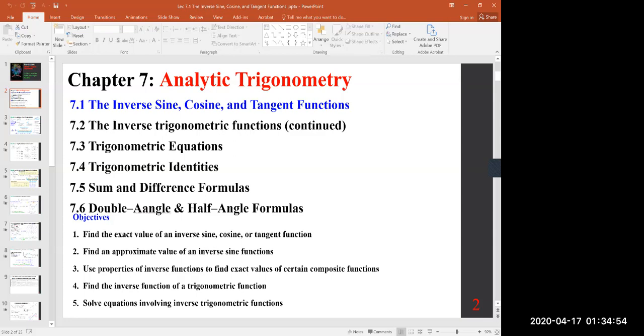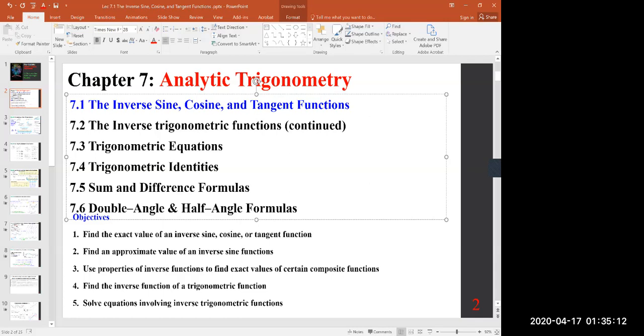We will cover trigonometric equations, identities, sum and difference formulas, double angle, and half angle formulas. There are a lot of formulas here, class, that we are going to cover. I want you to know, there's a lot to be covered here, class. All right.